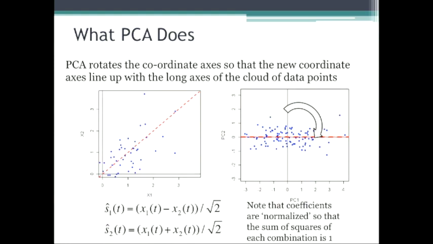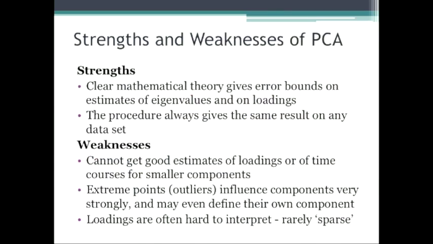But what we're doing is basically picking new axes so that these same data points here, you can see now that the first axis summarizes most of the information about things. We can get an additional bit of information by this orthogonal axis at 90 degrees.